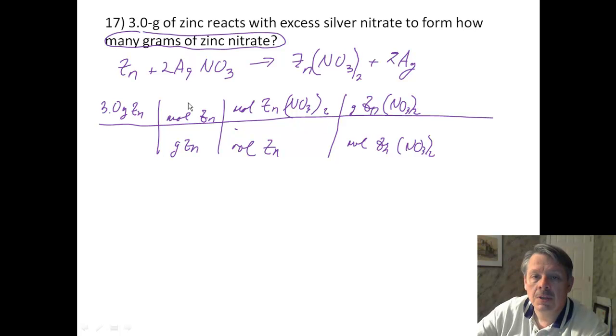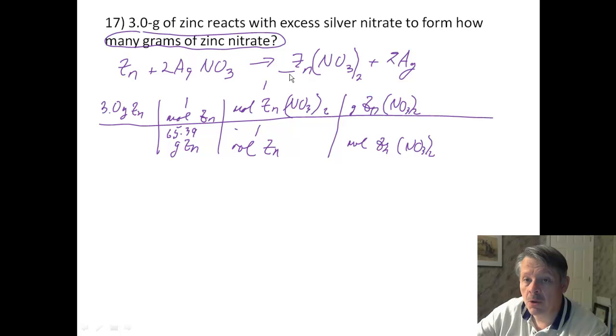All right, so 1 mole of zinc, I have to look that up on my periodic table. That's an easy one. That's 65.39 grams. And 1 mole of zinc gives me 1 mole of zinc nitrate. And I got that from my coefficients up here. And 1 mole of zinc nitrate, I had to figure that out.